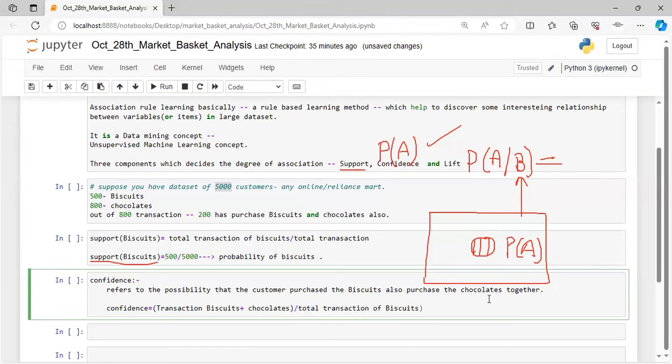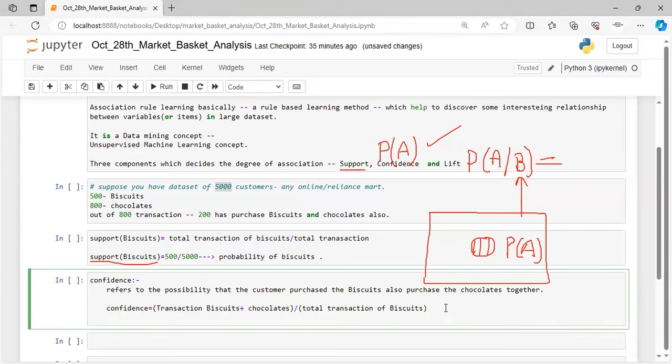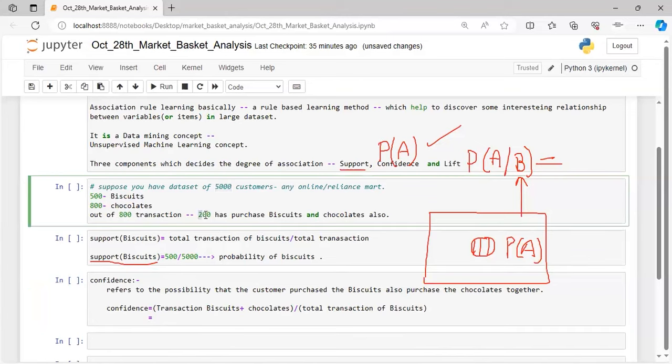These things will give us the confidence. So we can say confidence of biscuits plus chocolate equals, what amount of biscuits and chocolates together has been purchased? 200.